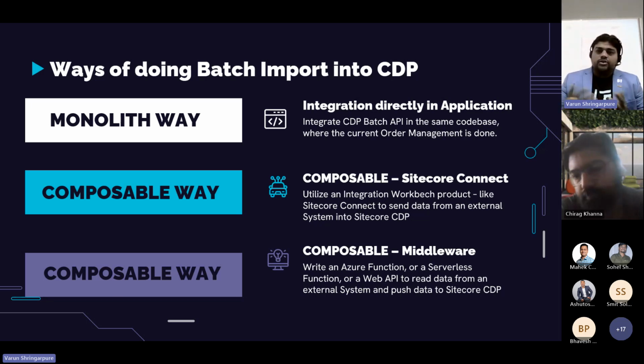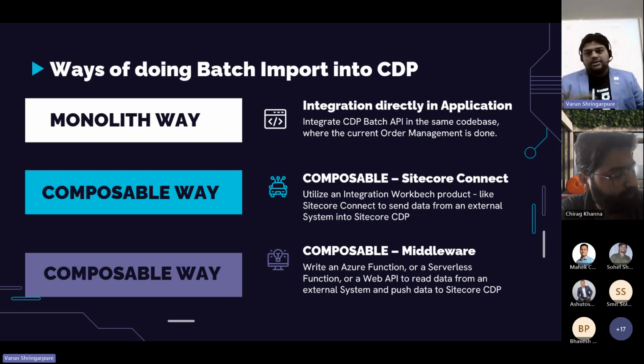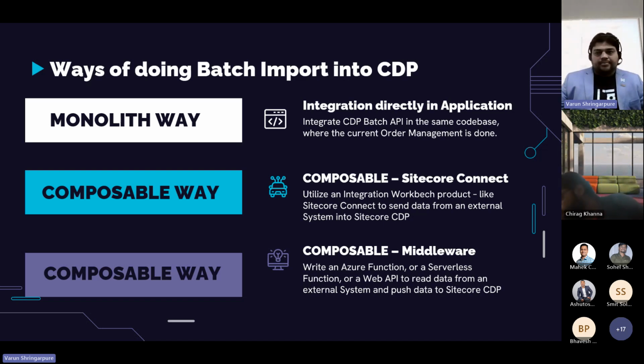For example purposes, you can even consider a Postman request for now, right? It could be something running on an on-premise server, because the CRM is also on-premise. It could be two different instances, running on a scheduled basis to put the data into CDP.